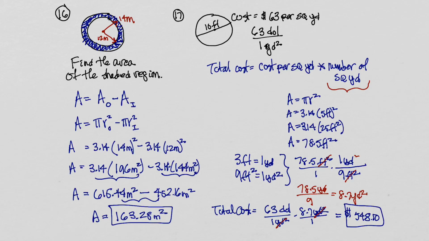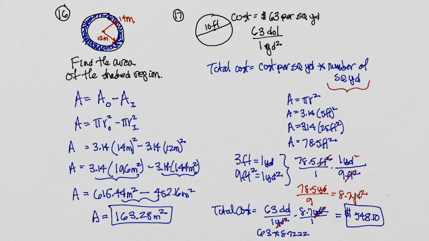Now, what's going on here is that this is what I'm getting right here, but I rounded this number off. If I didn't round it off, if I kept some of those 2's, I would have $63 times 8.7 and then a couple of 2's in there. So it might look like 63 times 8.722.